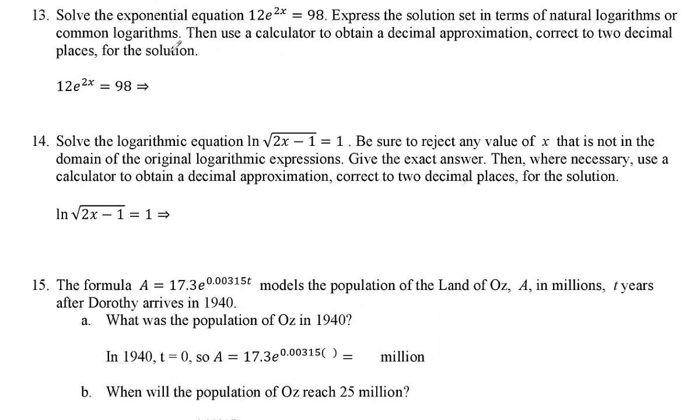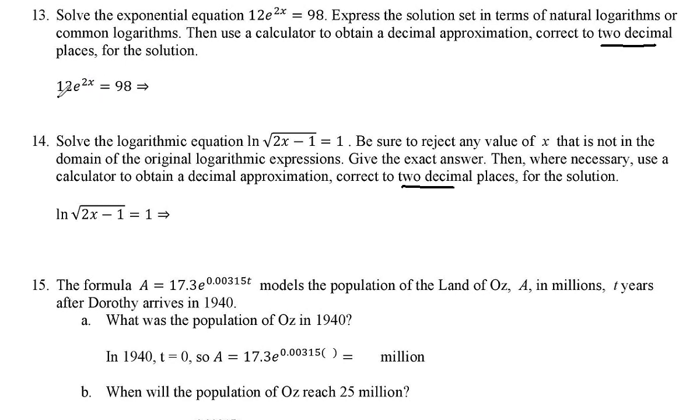All right, 13. Here we're solving an exponential equation. 12 e to the 2x is 98. And we're going to express our solution in terms of natural logs or common logs. So they want an exact solution here to this thing. And then we'll obtain a decimal approximation to 2 decimal places. So what you first want to do is isolate this exponential.